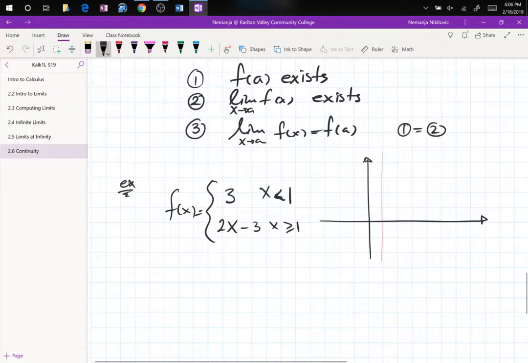I have 3, so 1, 2, 3 coming in, all the way to 1 with the open circle. And then I go at -3. I go 2 units up, 1 unit over. 2 units up, 1 unit over. 2 units up, 1 unit over. It will look like that forever. That way, forever that way. And now I can remove my construction lines.